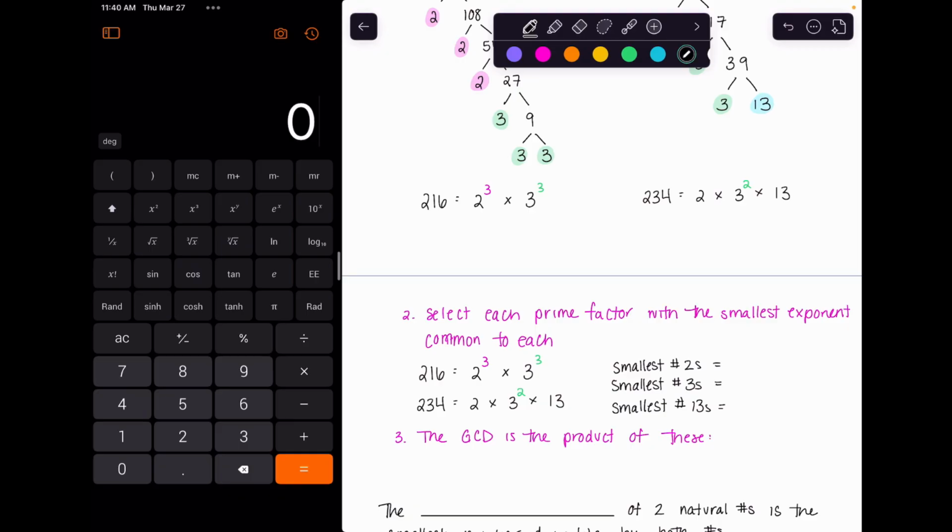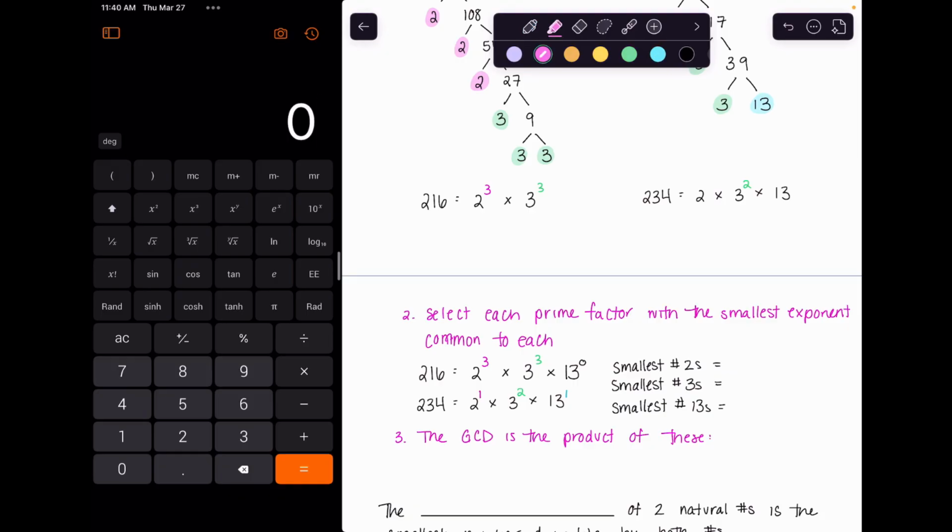Okay. And if you need to add in here that you have no 13s, you do exactly that. It's 13 to the 0. You have one 2 here, and then you have one 13 here.